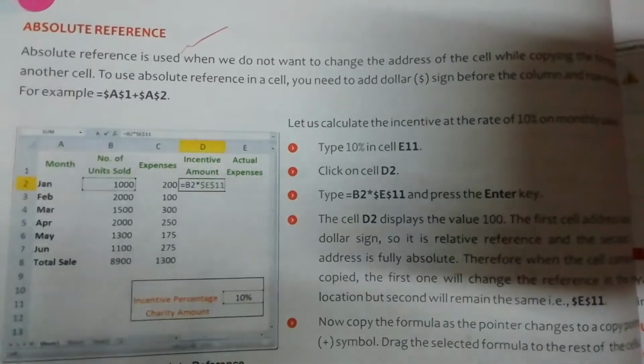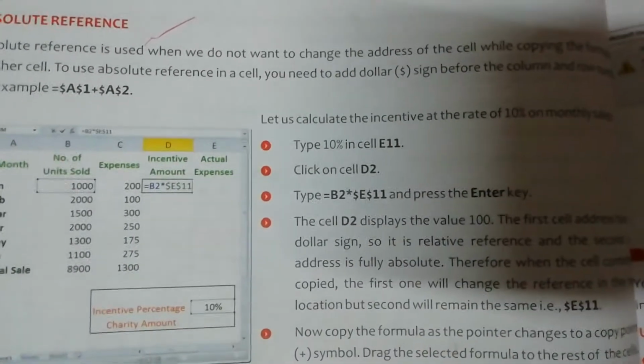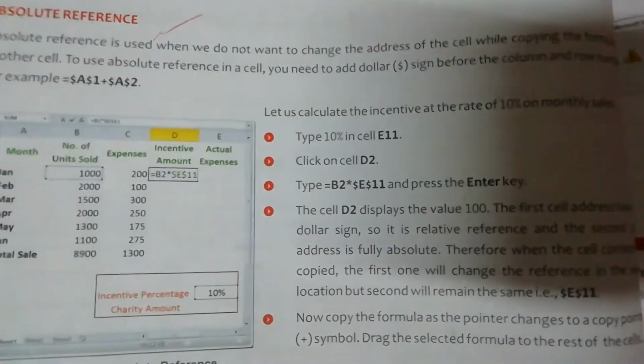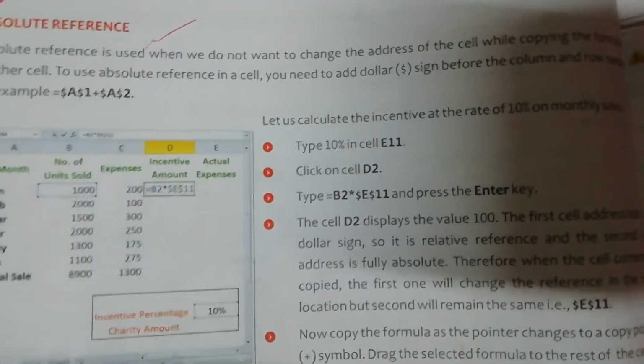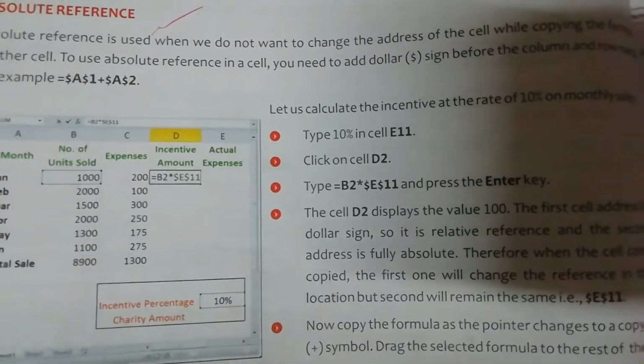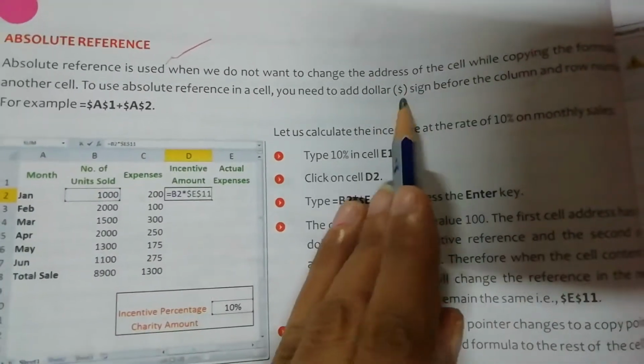Absolute reference is that reference which is constant. It is constant, you cannot change the address. So this is called an absolute reference. If you want to copy the formula, you can do it with an absolute reference, but with the help of a dollar sign.